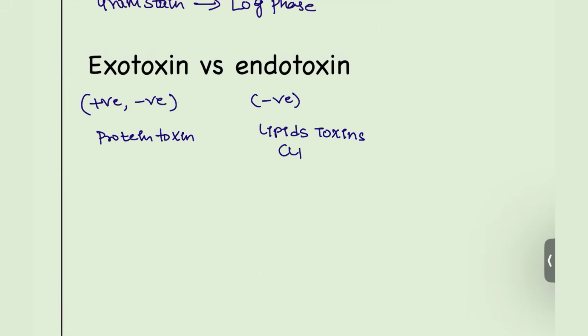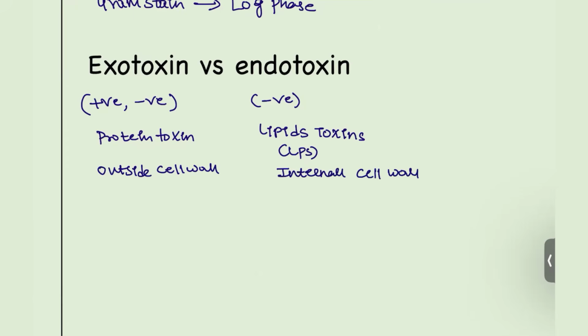So lipopolysaccharides help them with the toxin formation. Exotoxin is outside the cell wall, and endotoxin is internally in the cell wall.